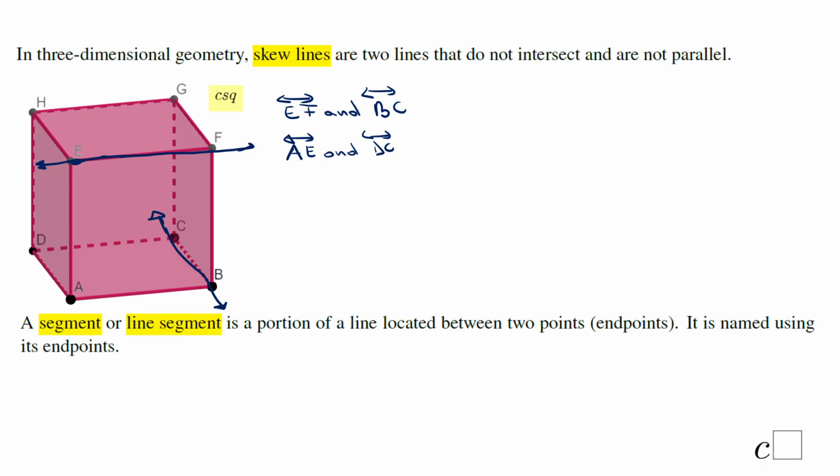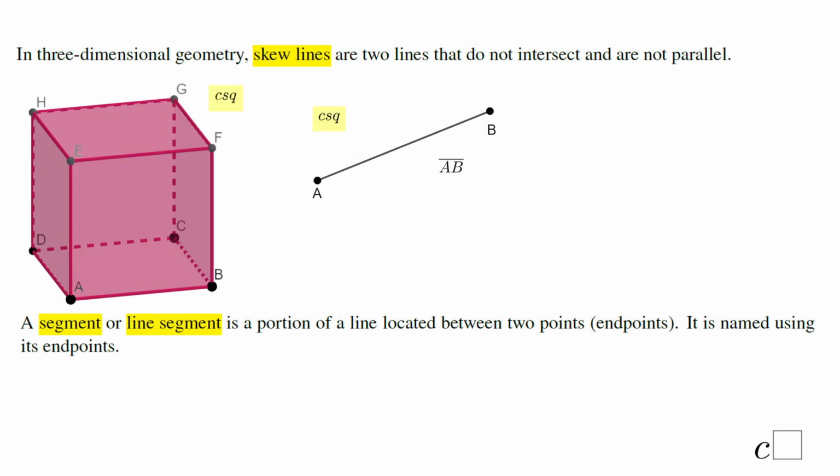Now, like I said a while ago, we talk about a segment or a line segment, and that is a portion of a line. Let me erase the screen now. So this is a line segment, the notation AB, and the difference between a line segment and the line is this. You can measure. You'll see that in another lesson.